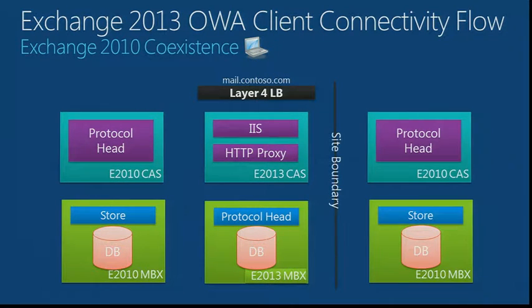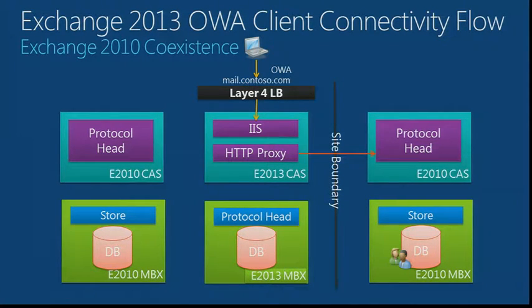Now, let's just say that that was all happening in one site. We also obviously have the ability to coexist across AD site boundaries as well. So what we've done now is we've taken 2010 and we still have it in one of our other sites that we simply haven't upgraded yet. And the protocol flow is pretty similar. Again, OWA going into the 2013 CAS, which front ends everything.